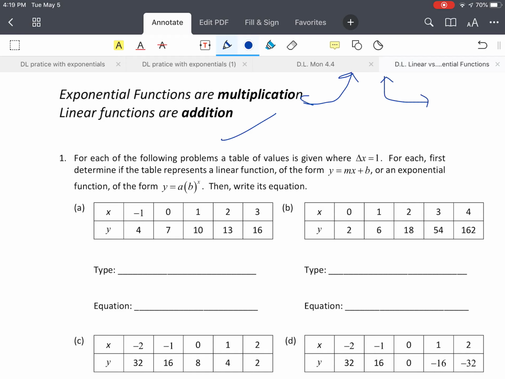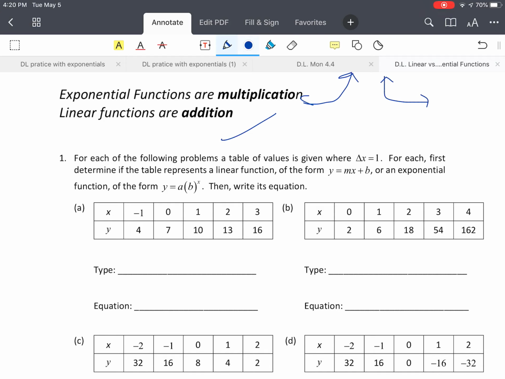What I want to do today is show you the difference, looking at numbers, between an exponential function and a linear function. For exponential functions, to get from one y to the next, we multiply, and that's the multiplying factor. It could be 2 or 1/3 or 10.